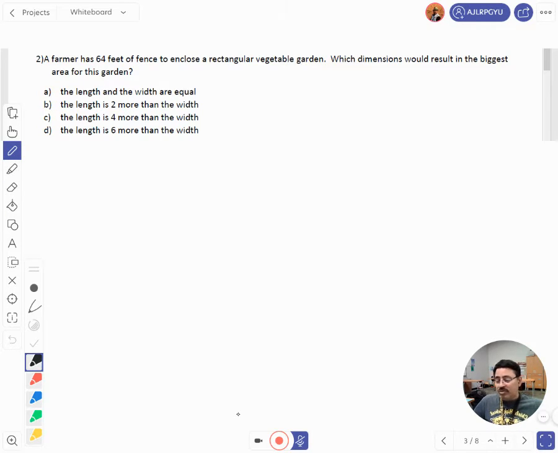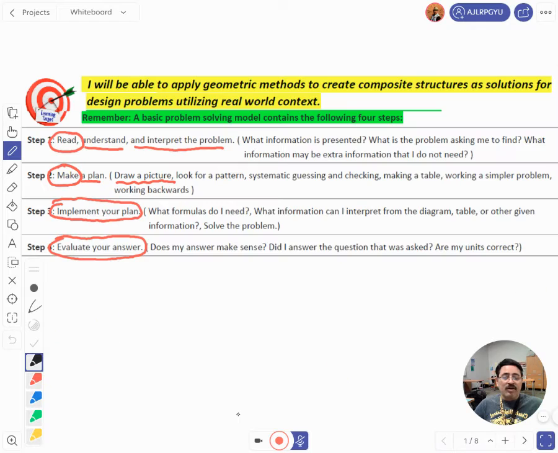You can use algebra or you can go for guesswork. In fact, in the beginning, when I was talking about these rules, look for a pattern, systematic guessing. Do you see that systematic guessing also is given?